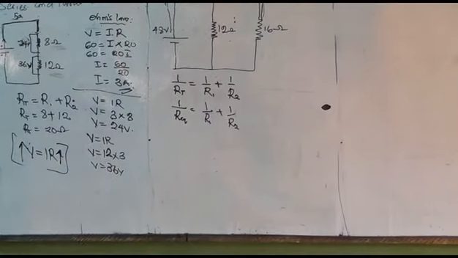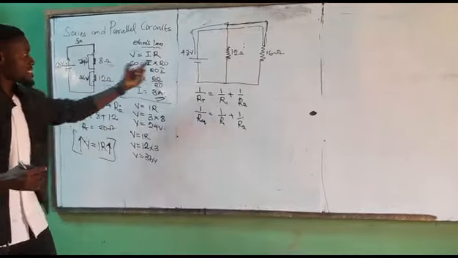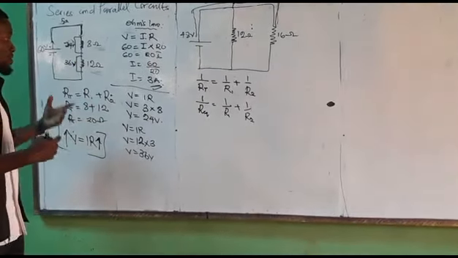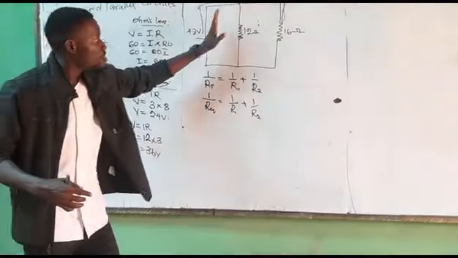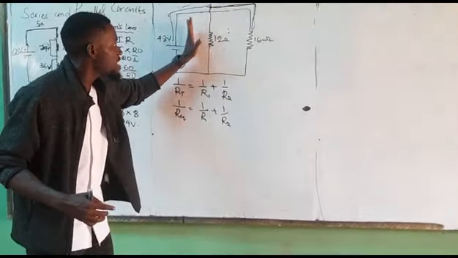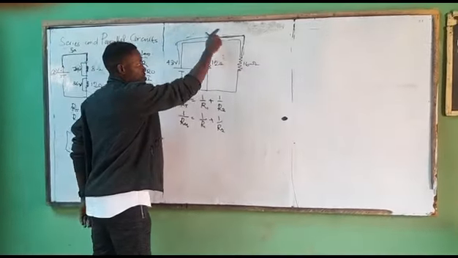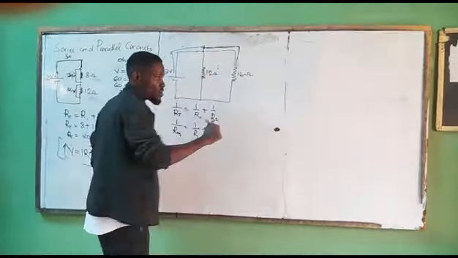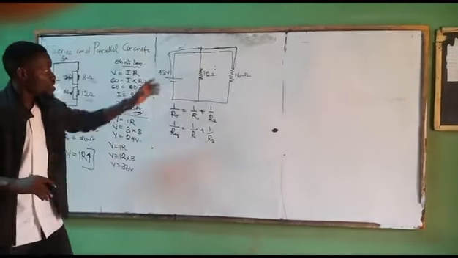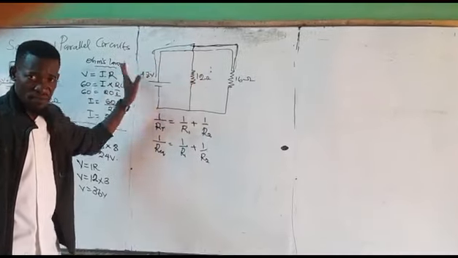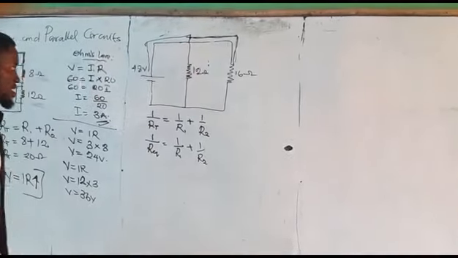Now, the difference between the series and parallel circuit is that in the series circuit, the current is the same, while the voltage is different, while in parallel connection, the voltage is the same. That is, the voltage that moves from the positive terminal, they are what? They are the same. It does not change. But the current is what? Different. Yes. I think you can get the difference now.